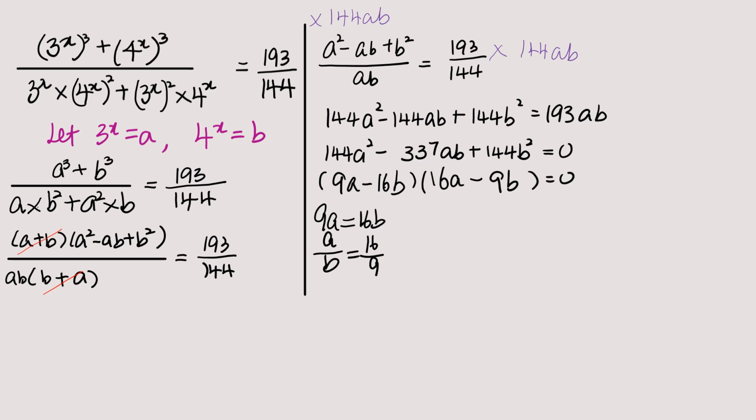And why is it that I want to find a over b? Because remember that earlier on, I actually substituted a as 3 to the power of x and b as 4 to the power of x. So that's the reason why I want to make a over b on the left hand side. Right.